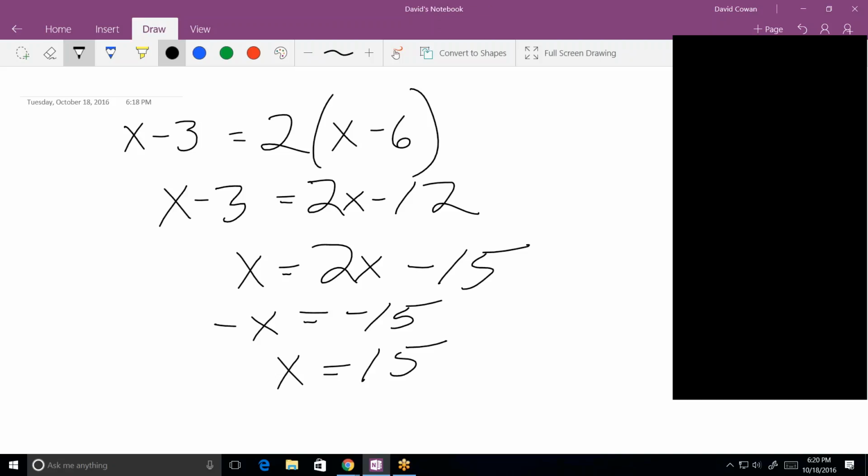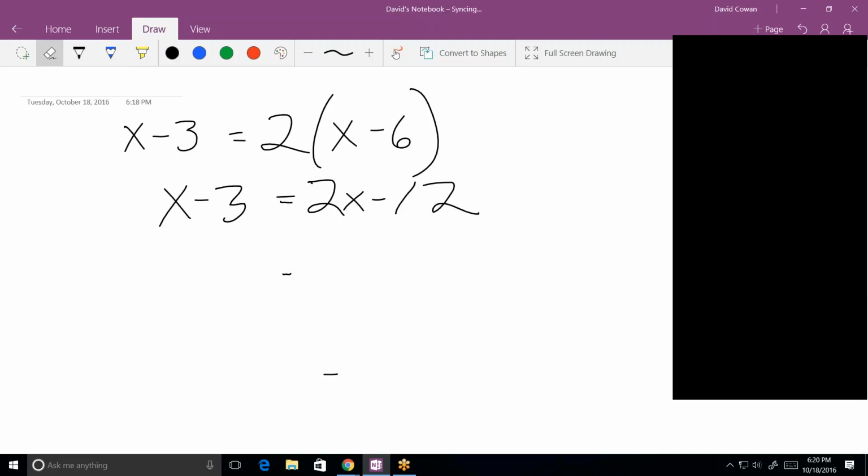Mm-hmm. Now, let's go back to an earlier step because there's a better way to do this. At this point here, we have a choice. We can either gather our x's on the left side or the right side. And whichever one we choose, we're going to put all of our numbers on the other side, right?